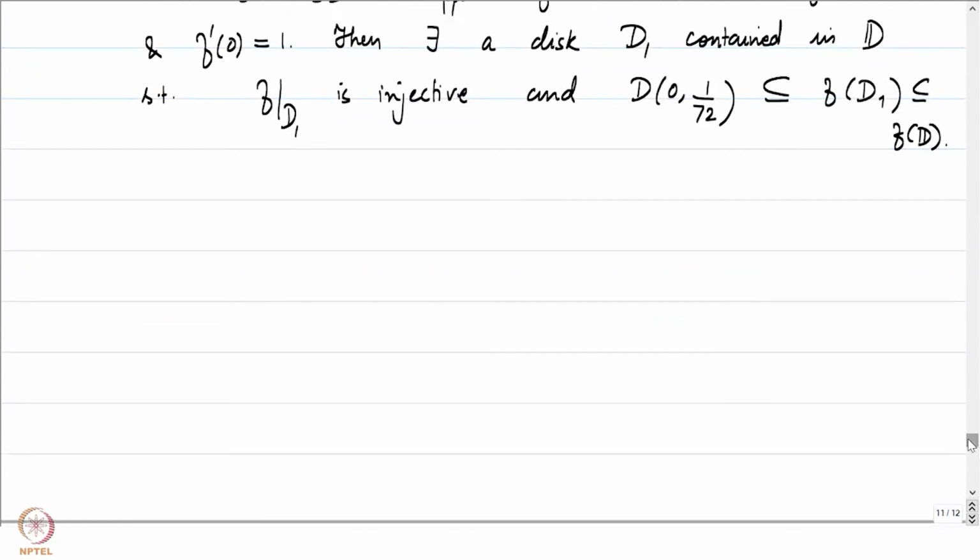Okay, let's now give a proof of Bloch's theorem. The proof is going to be in steps. Let's begin by defining an auxiliary function. Define M of r to be equal to the supremum of the absolute value of f prime of z when mod z is equal to r.